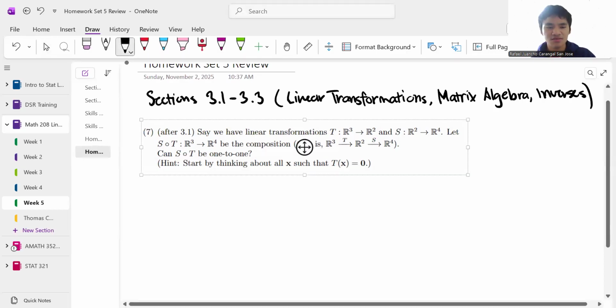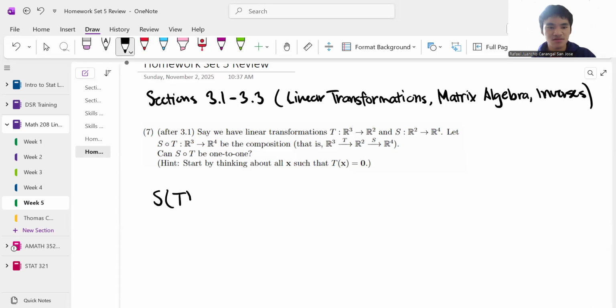So we say the S of T would be R3 going to R2 going to R4. So R3 going to R4 to shorten it out.